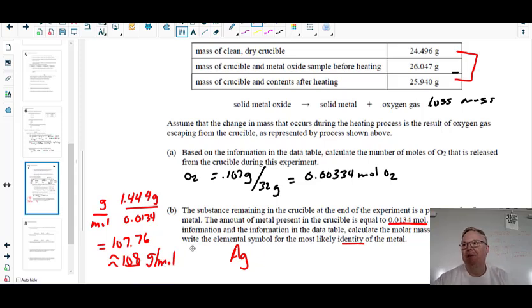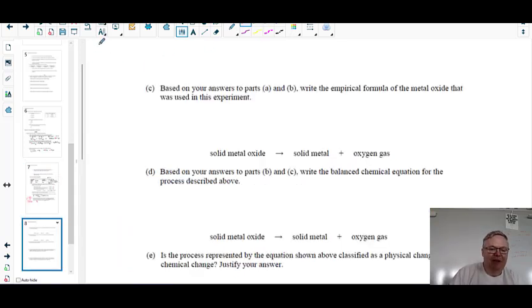So that's it for part B. All right, so for part C, we're looking for an empirical formula. So I want to know the moles of Ag and the moles of just O in order to divide by the smallest and get the ratio of their moles.